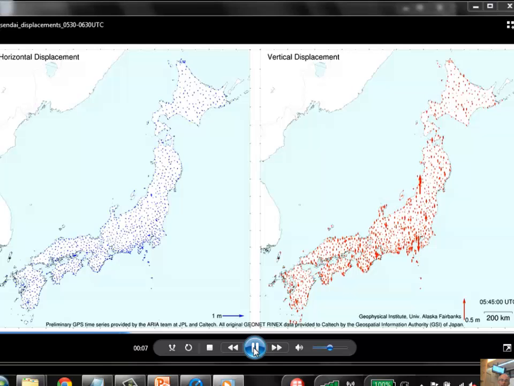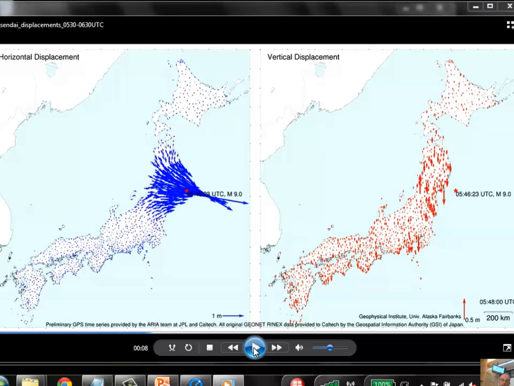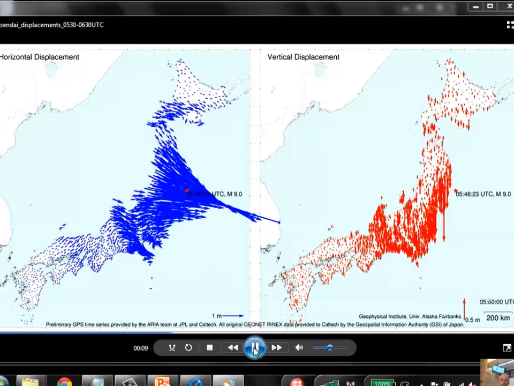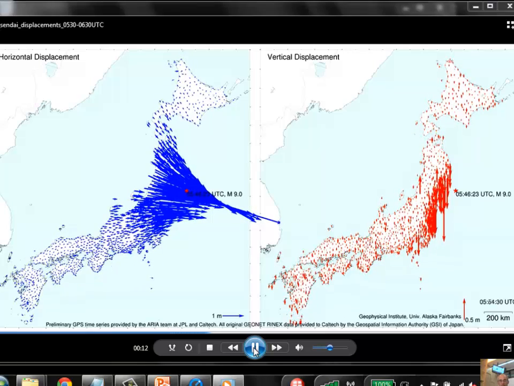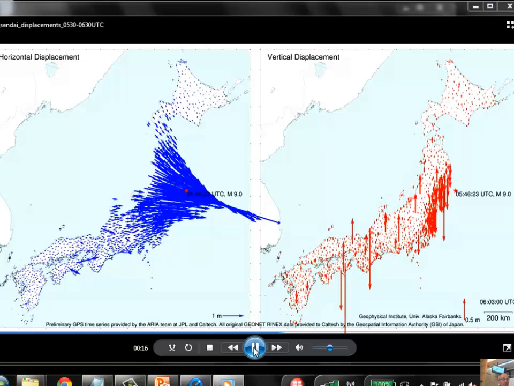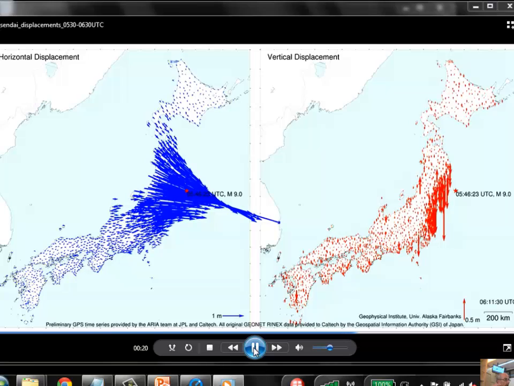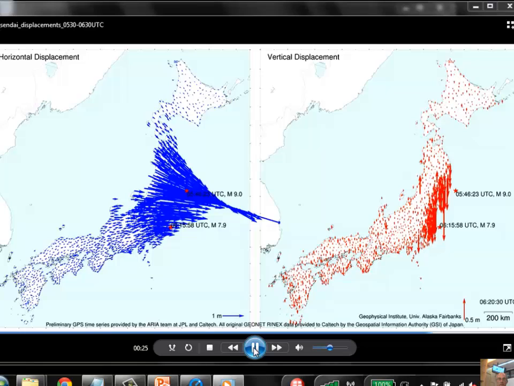So nothing's happening. There's the main shock, and you see it's pulling, and this actually sends the dynamic, it sends the surface waves. But in our case, we're not worrying about the dynamic parts of the problem, we're just worried about the static part, which is these arrows once the waves go through.